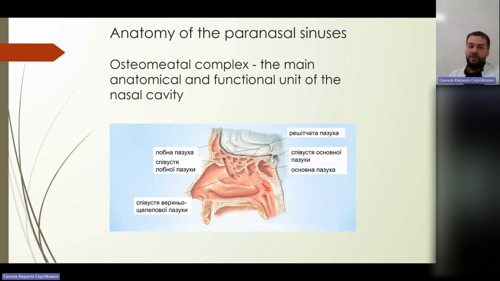Okay, so it's more about the otolaryngologist part, but they call that the ostiomeatal complex, the main anatomical and functional unit of the nasal cavity, but that's not our problem.